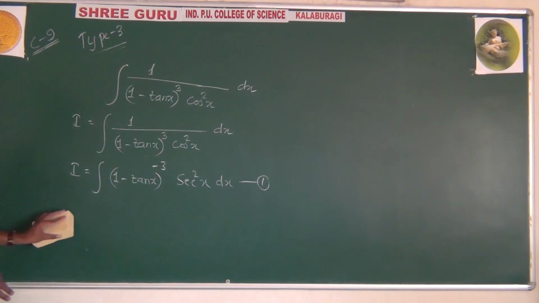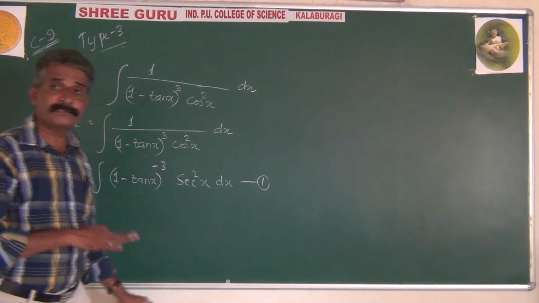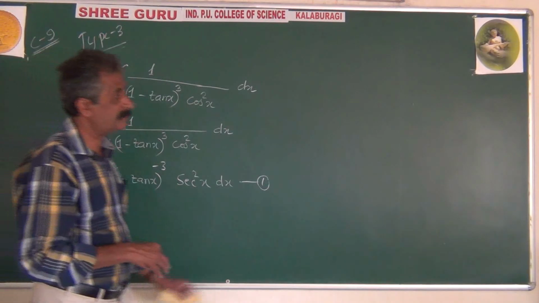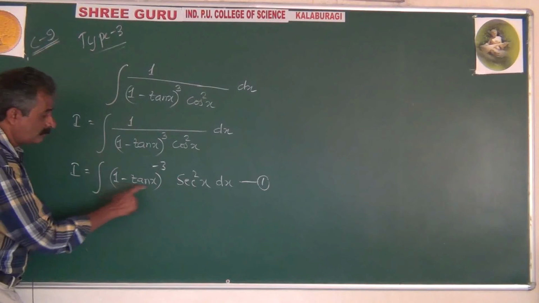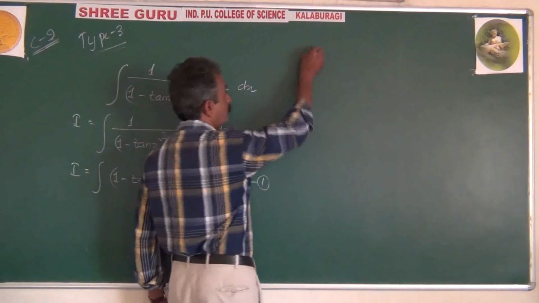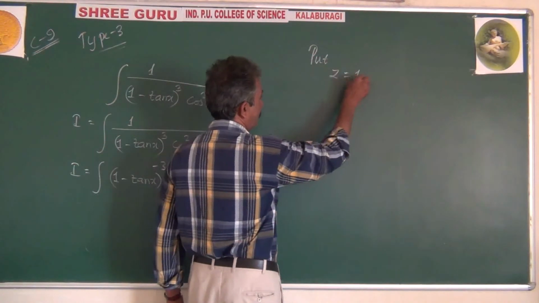That's best. You can take excluding also, but take including that constant whichever is present. Because after all differentiation constant does not matter because it is 0. So we shall put 1 minus tan x equal to t, or you can put z also. Put z equal to 1 minus tan x.